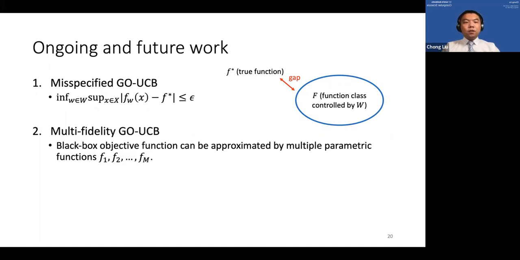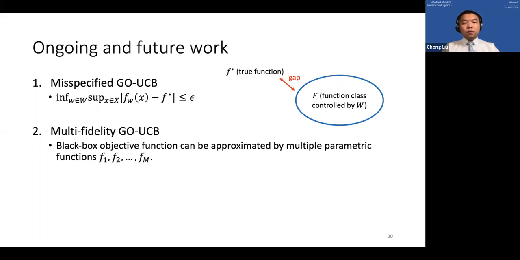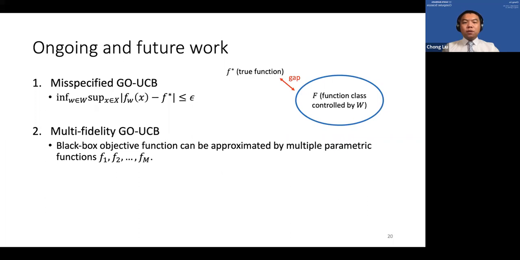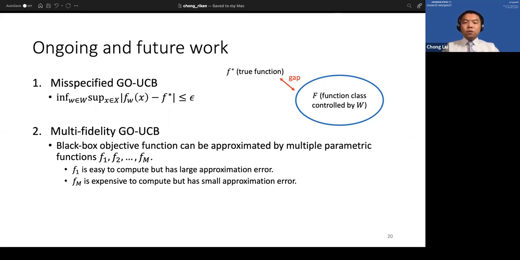Another ongoing and future work is called the multi-fidelity GoUCB. It means that the black box objective function can be approximated by multiple parametric functions, f1, f2, until f big M. So what are the differences among these parametric functions? Let's say right now they are sorted, pre-arranged, and f1 is easy to compute but has a large approximation error.